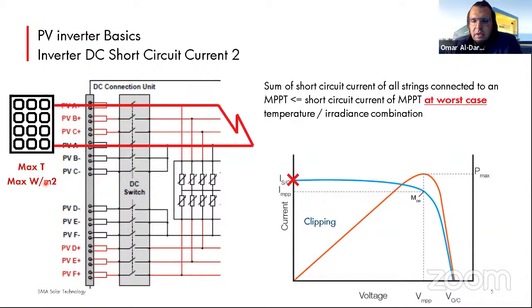So you look at the spectrum of temperature and the distribution of irradiance on site, and you pick the worst point and say, I can't have as many strings, or this specific module, that has short circuit current more than what the inverter can accept.